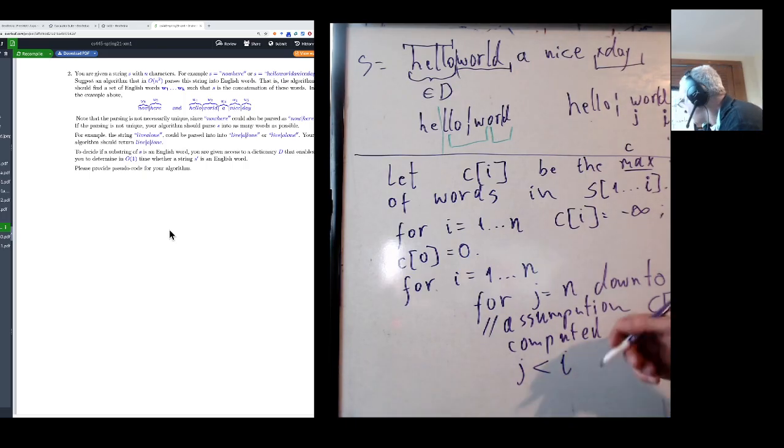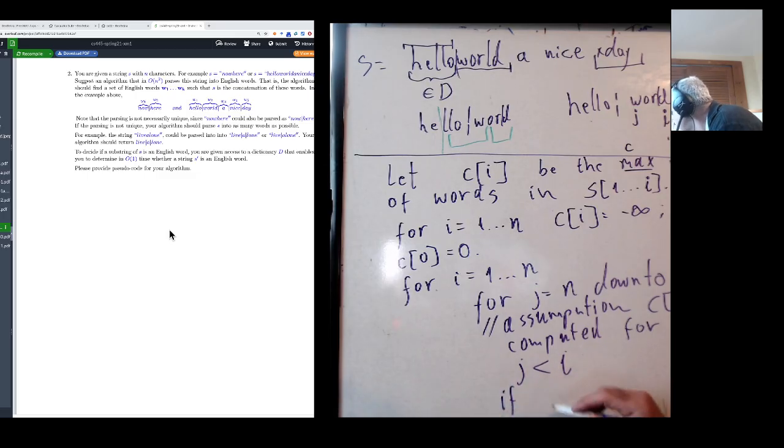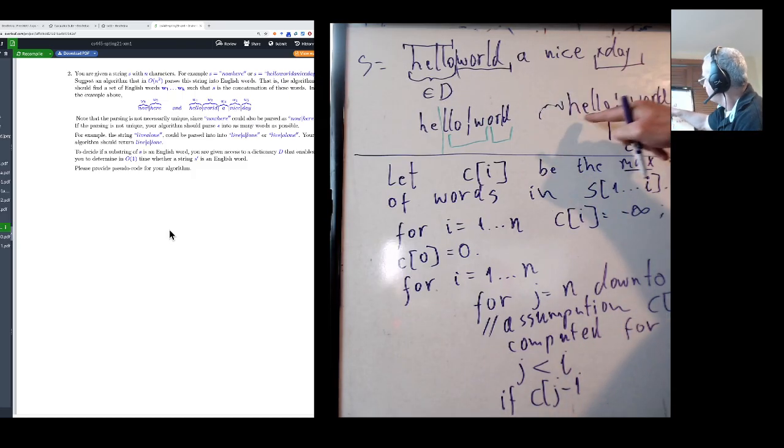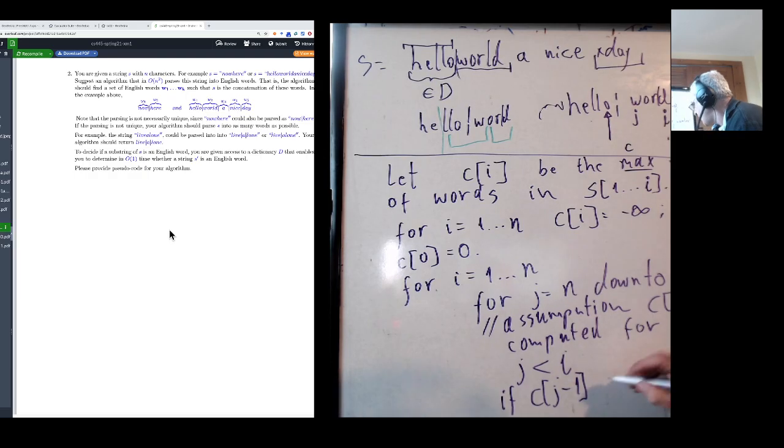What should I do? I'll check if C of j minus 1, if j is at the end of the last word, I'm asking, can you parse in any way all the words that end at the previous one, if C of j is larger than 0, and S from j dot dot I is a word in D, then at least I have a chance, or some parsing of everything up to the I. That is, the last piece from j to I is a word, and everything that came before it is a word as well.